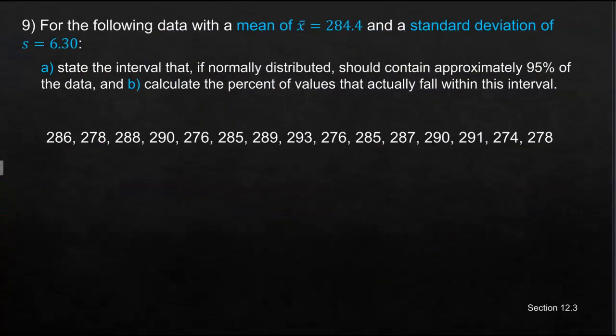Okay, and then let's look at the next one. On this one I'm asking you to find 95% of the range, and that's going to be minus 2 standard deviations or plus 2 standard deviations. I gave you the mean and the standard deviation on this. So we're going to do the very same thing.